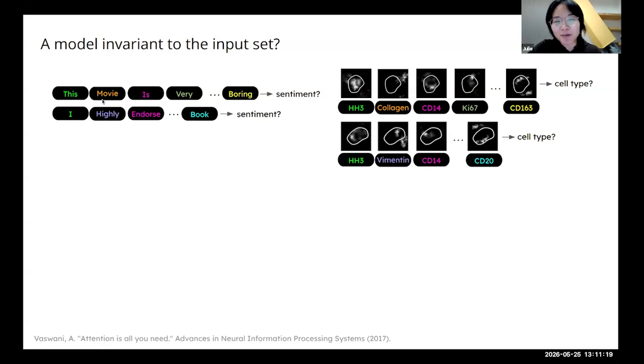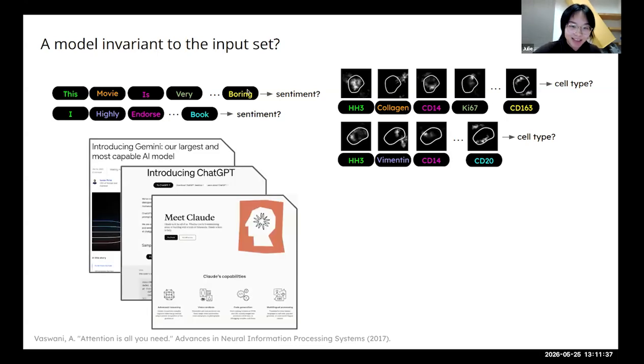For example, you'd have two sentences, and a simple task would be to determine the sentiment. And those sentences in language usually also have pretty variable lengths. Once we drew this connection, we decided to borrow some insights from language modeling.